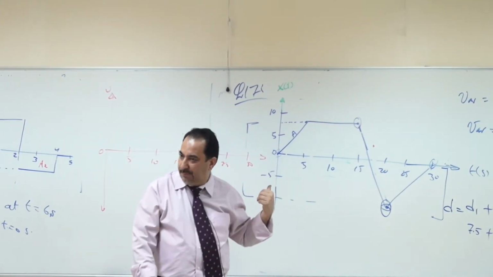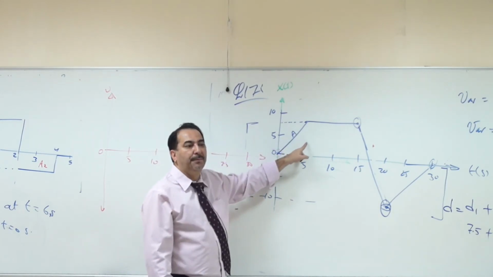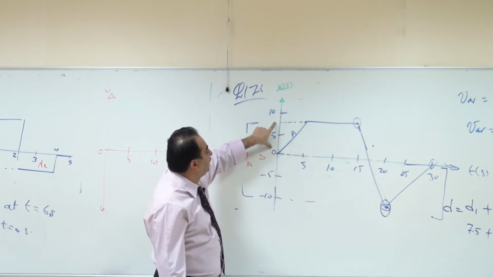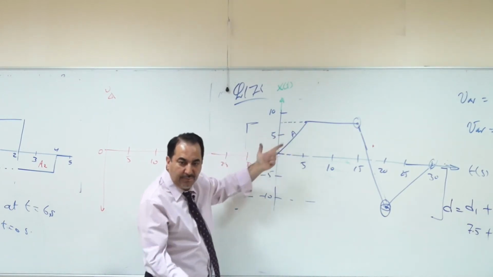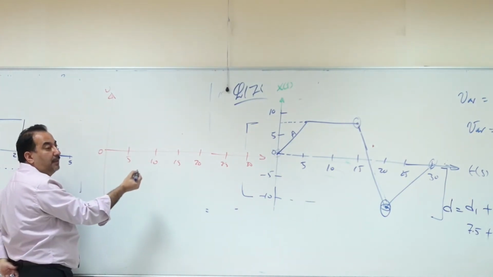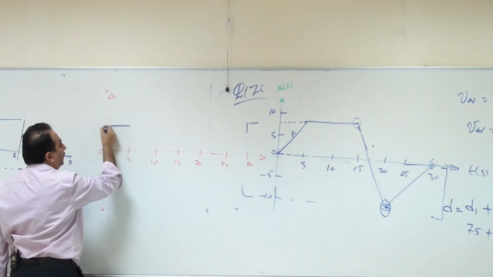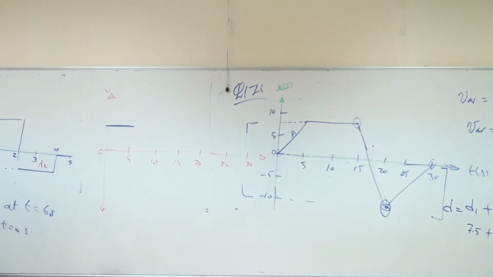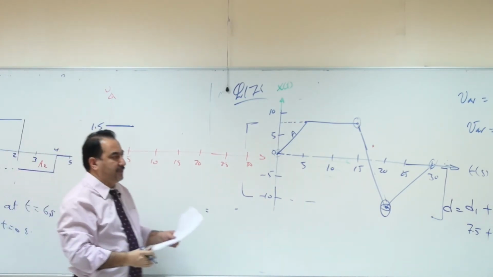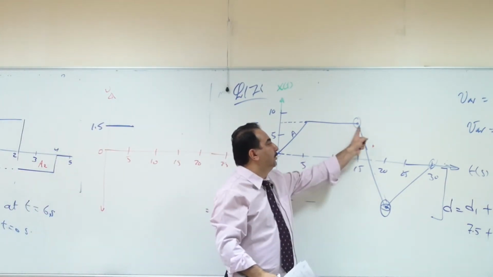The slope. What's the slope of this line? 7.5 over? I don't know, but you calculate. Positive or negative? So it's here. Now you can give me the value. The value. 1.5, yeah? Positive.